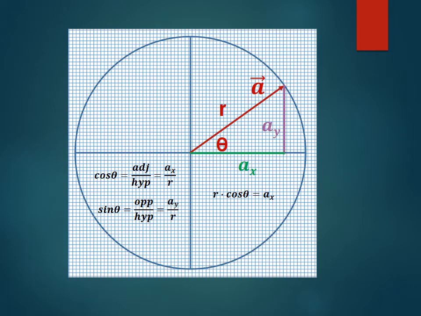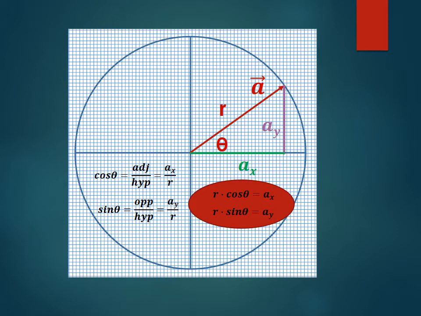Usually, we're not solving for cosine of theta or sine of theta. So let's rearrange these. If I multiply both sides by r, I get r cosine theta equals ax, and r sine theta equals ay. These two equations right here are probably the two most important ones to actually learn out of this unit.